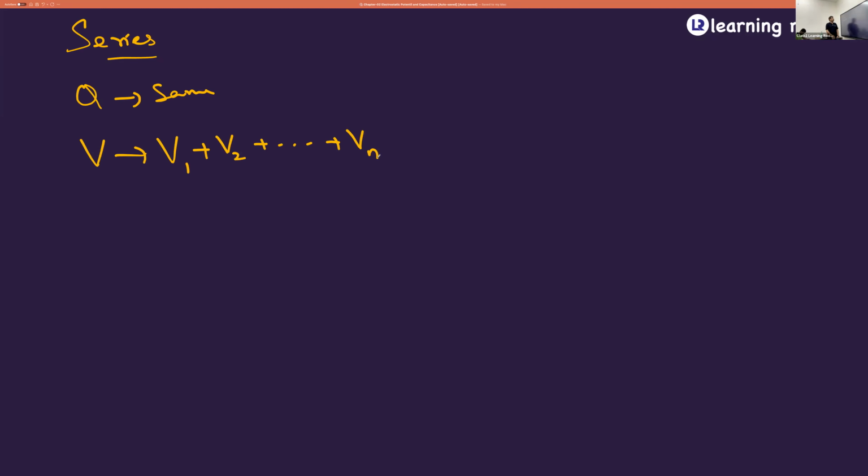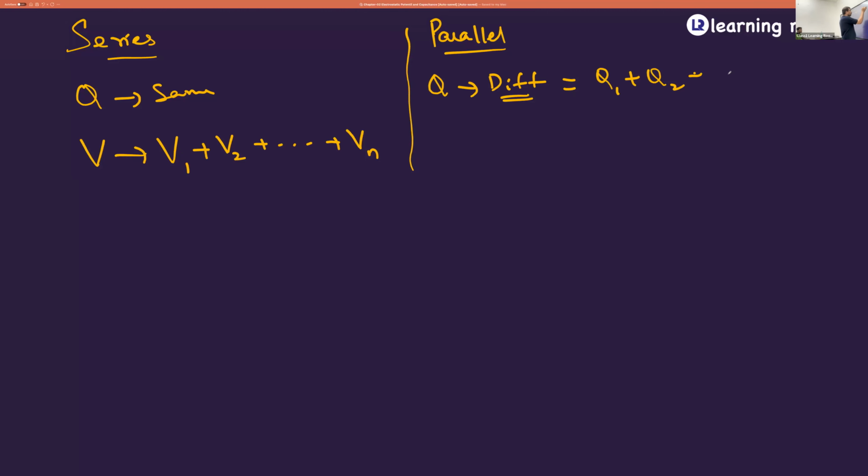Am I right? Similarly, what about parallel? Q is different. The charge will get added. It will be Q1 plus Q2 plus so on till Qn. And what about the potential difference? It will be the same.